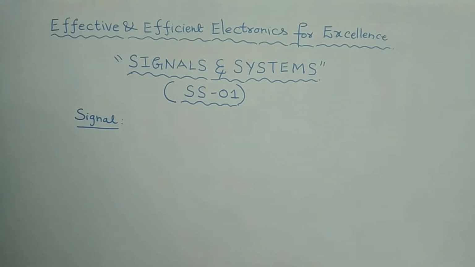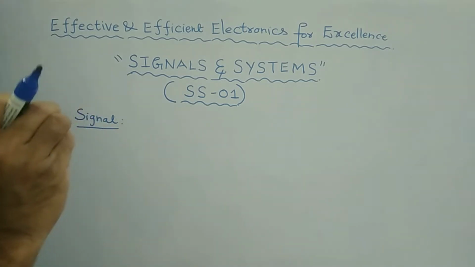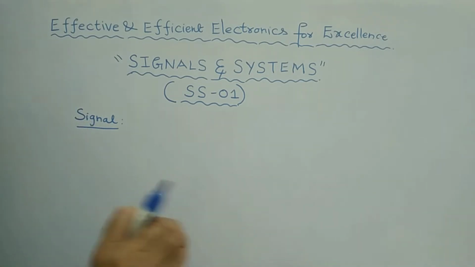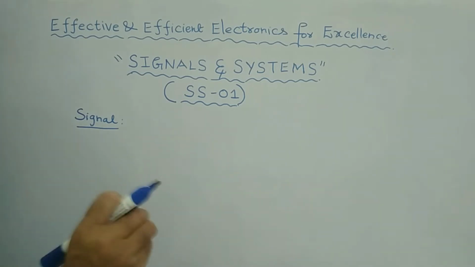Therefore, from an academic point of view, please remember that a signal is nothing but, if anybody asks you, or it is asked in the examination, "Define a signal," or "What is a signal?"